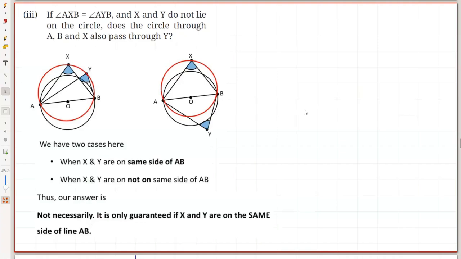If X and Y are on the same side of AB, that is a guarantee we can give. Otherwise, it is not passing through the circle. Here you can see A, B, X pass through the circle, but Y does not.